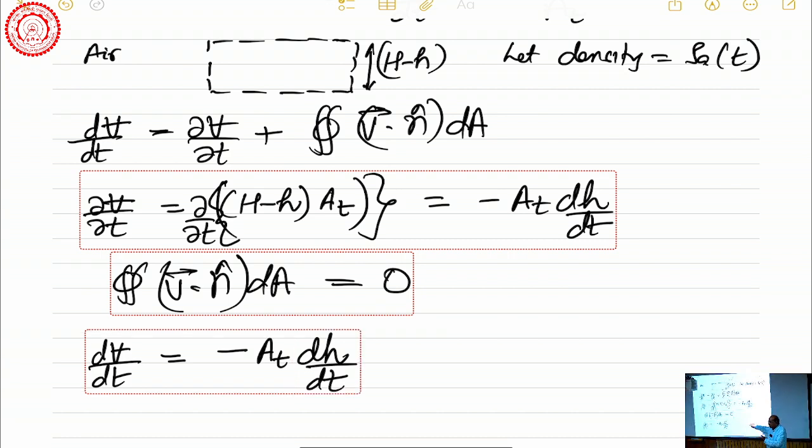That is what this volume is basically. If you say mass of the air is constant, so this will be equal to mass divided by the density. So then you can get the density from here, how density is changing with time.